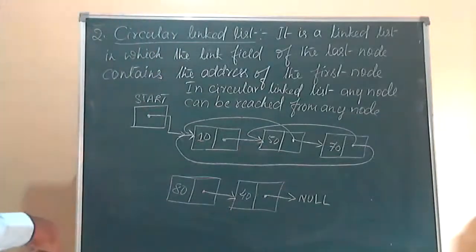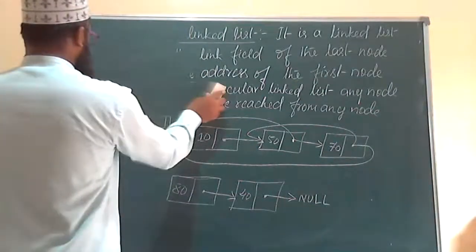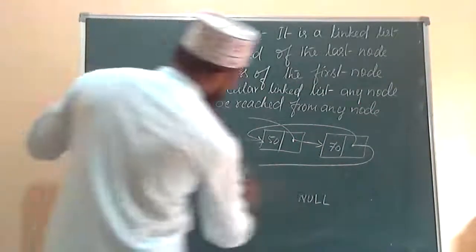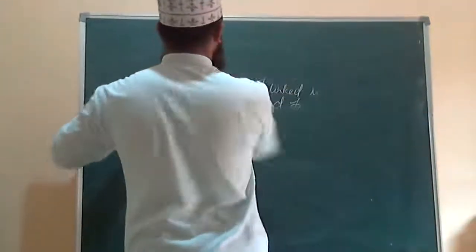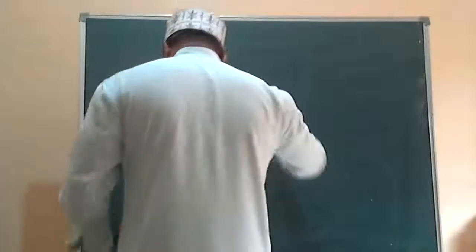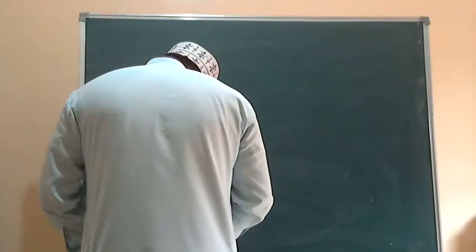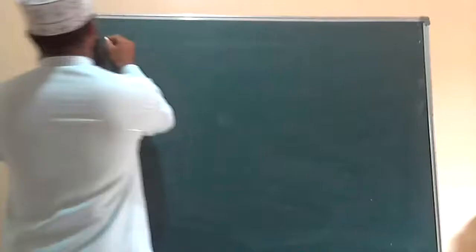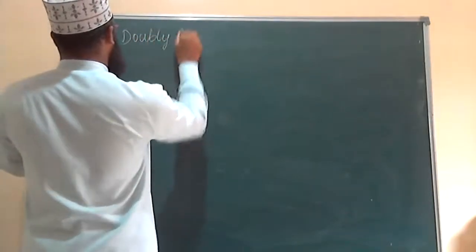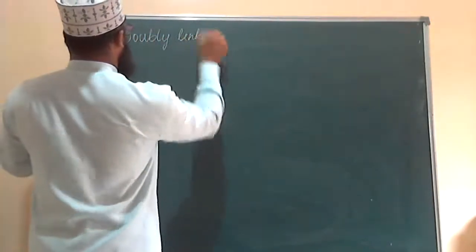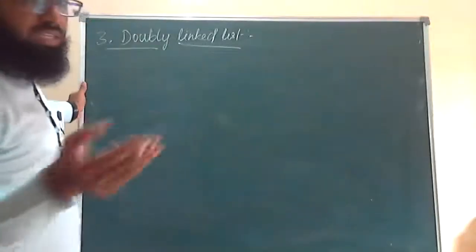Next, come to the doubly linked list. We have discussed singly linked list and circular linked list.